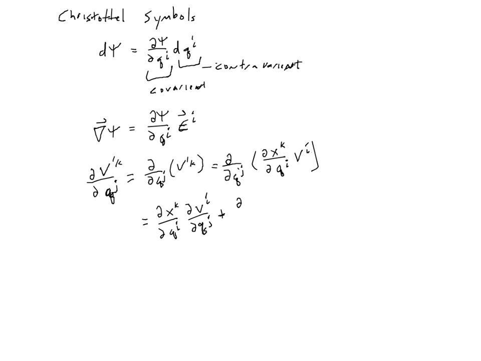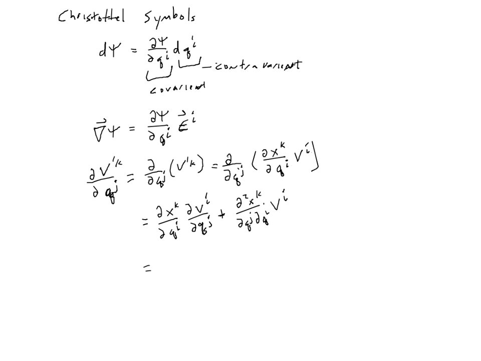And then I've got another term where I'm taking the second derivative with respect to the x term, with respect to q j and with respect to q i of that, multiplied by v i.